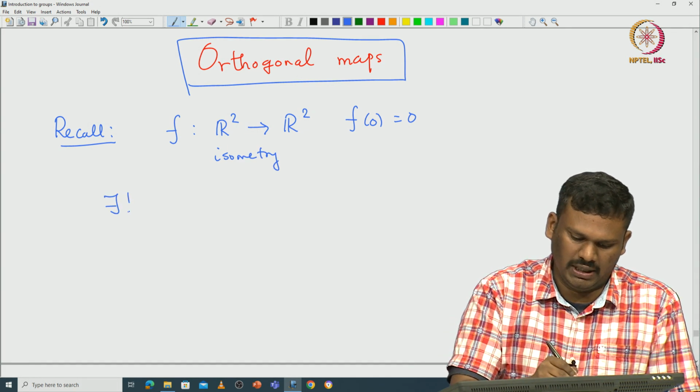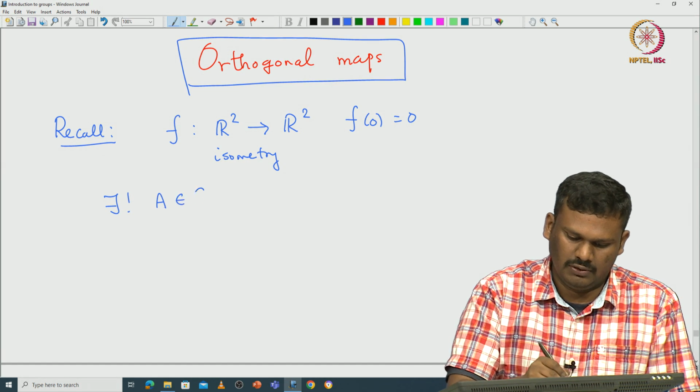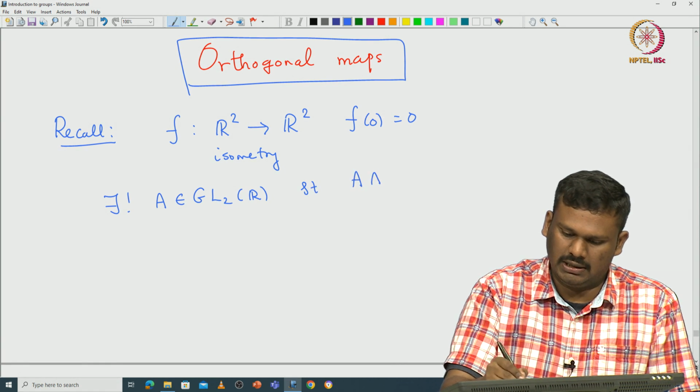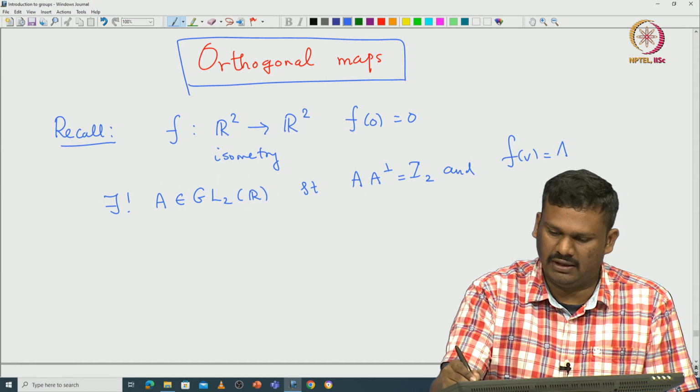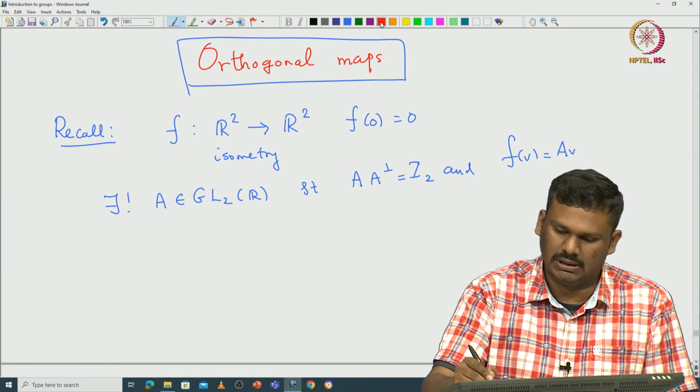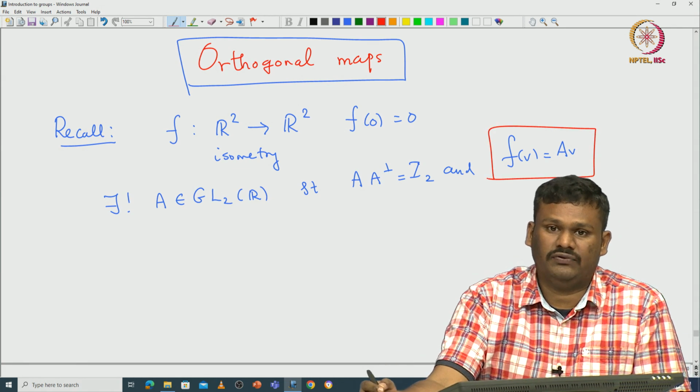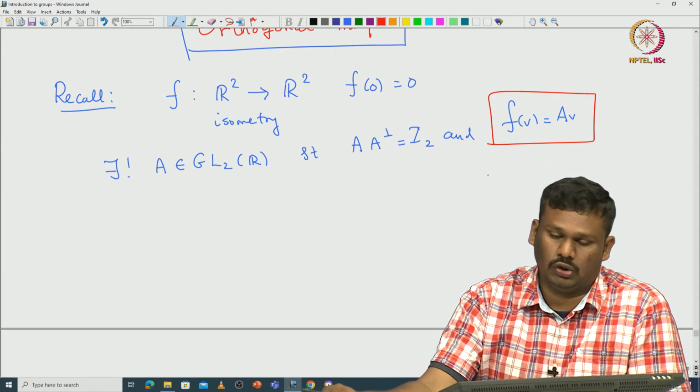Then there exists a unique matrix A from GL2 of R such that A transpose A is identity and this map f of v is given by Av. Okay, this is the important thing. So we call such maps orthogonal maps.